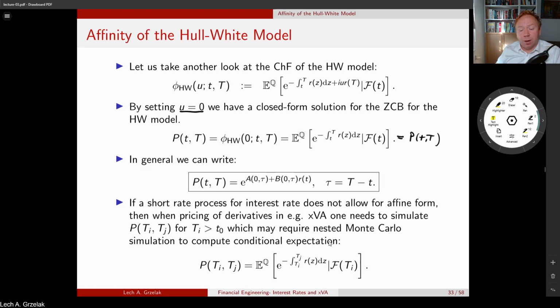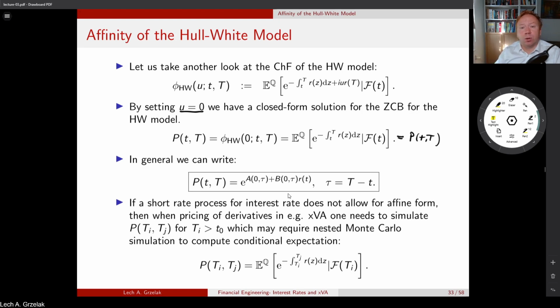Whenever we have a model for which we have to do nested Monte Carlo, that's typically considered very expensive and very often rejected in practice. However, models like Hull-White, I think mainly Hull-White, are well adopted and accepted in the industry because of this excellent, powerful form. And because we are talking about exogenous models, the calibration to the yield curve is guaranteed.